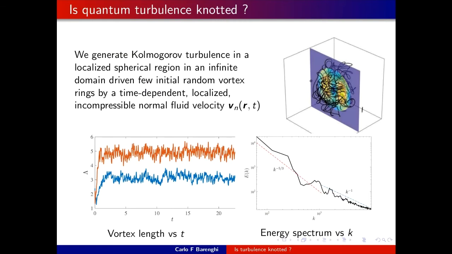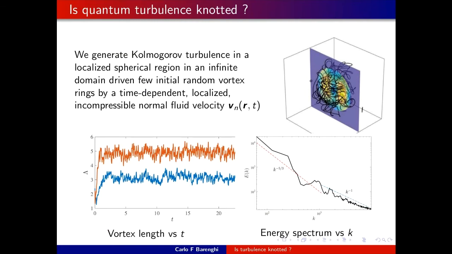And at the right-hand side, I want to show an energy spectrum. You see that most of the energy is at large length scales, at small wave numbers, and it's somewhat consistent with the Kolmogorov dependence, which is k to the power minus 5 divided by 3, until you reach the wave number corresponding to the average distance between vortices.